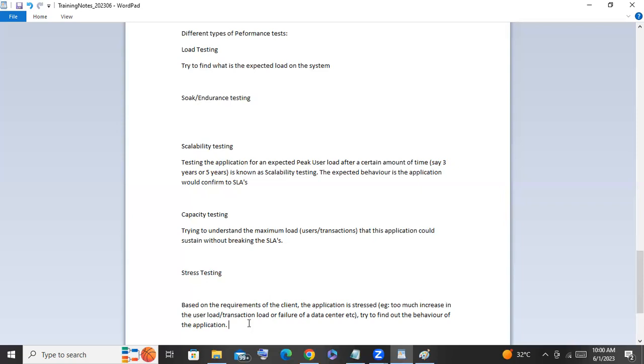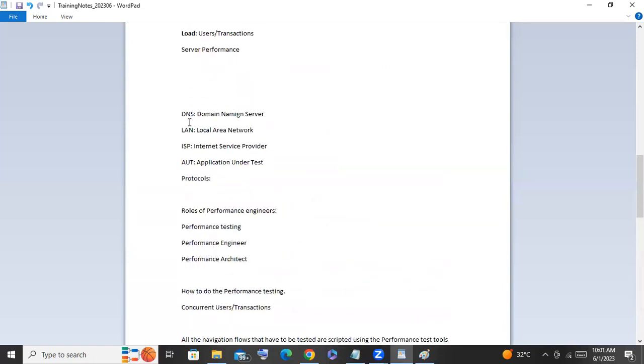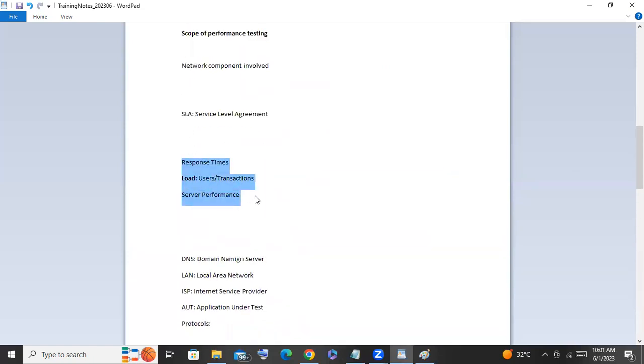Guys, one more important thing that you are trying to find when you are doing all these kinds of testing is not only your response times and your SLAs. One more important thing that you are trying to find is failures. In an ideal scenario, there should be zero failures, absolutely no failure from the application, right?